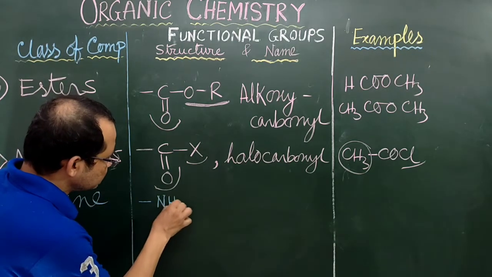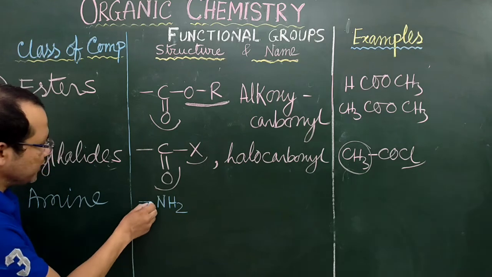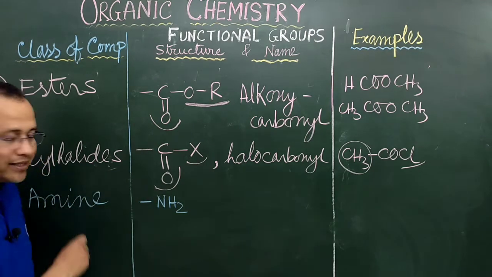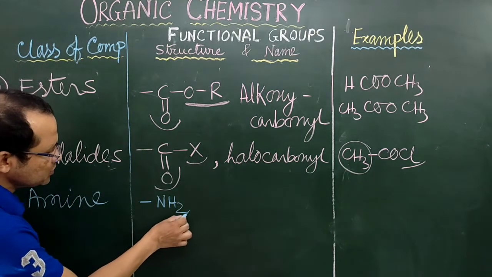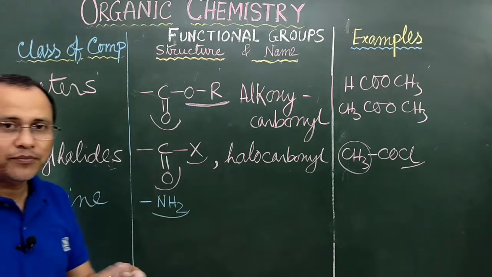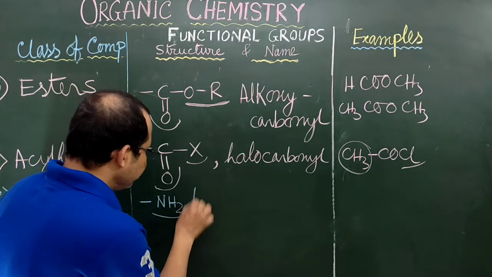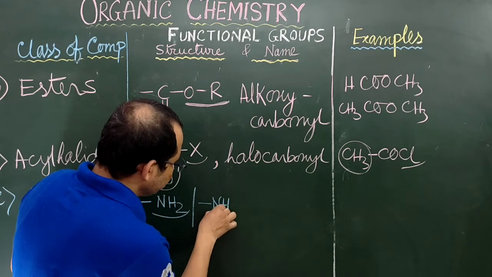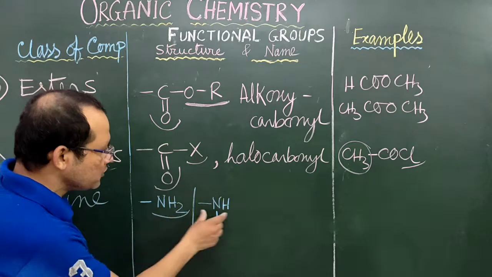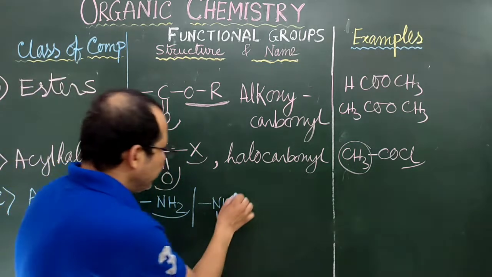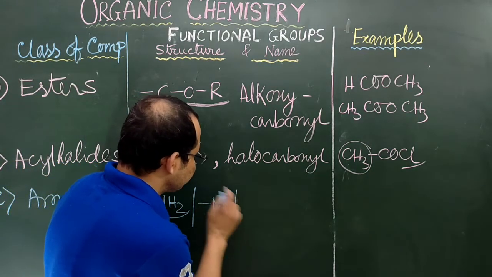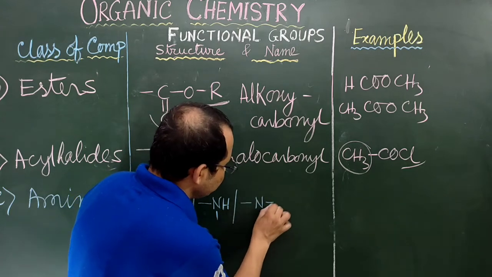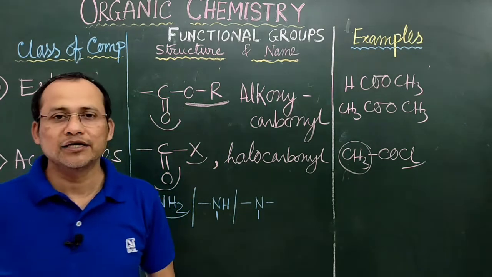If it contains two hydrogens and one alkyl group, that is, an NH2 group is there, then this will be one type of amine. If one hydrogen is replaced by one alkyl group, then it will be another type of amine, and it may be replaced further, then it will contain all three alkyl groups.